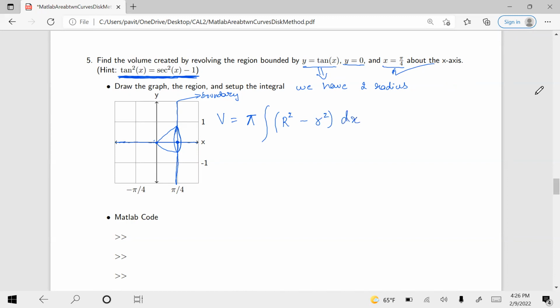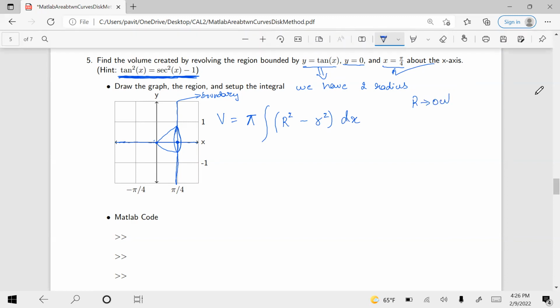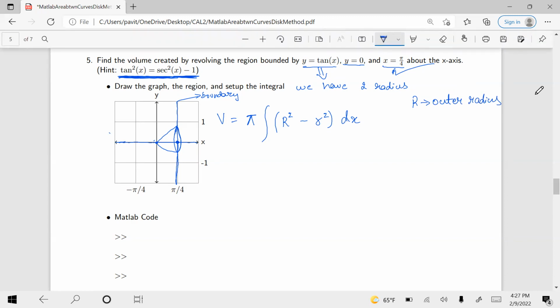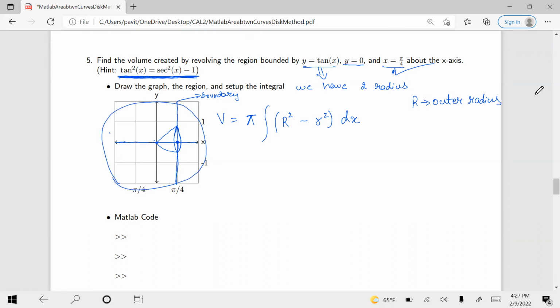Now what are this capital R and small r? Here capital R is the outer radius of the cone. Assume this as the outer radius. From this outer radius, I'm going to subtract a smaller radius, which you find here.